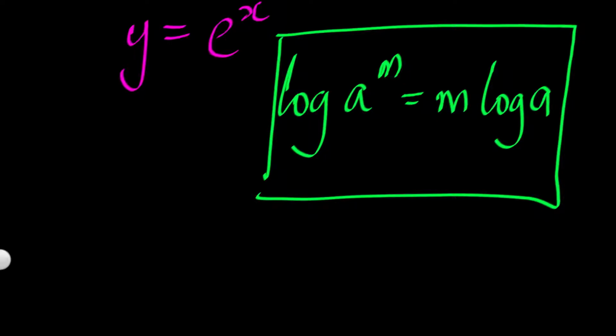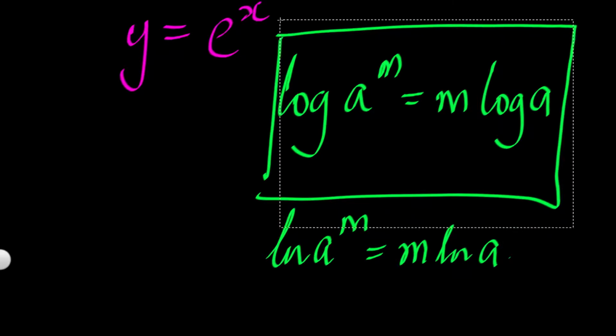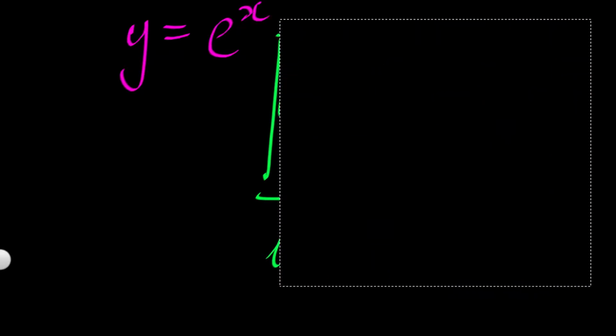However, in calculus, the logarithm that we use is the natural logarithm, or the logarithm to base e. In the same manner, we can say ln of a to the power of m is equal to m ln a. This is what we're going to rely on in calculus. All right, let me clear my board, and then I show you how to go about doing this.